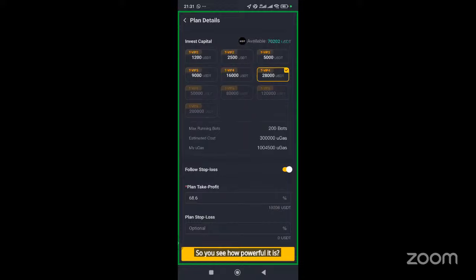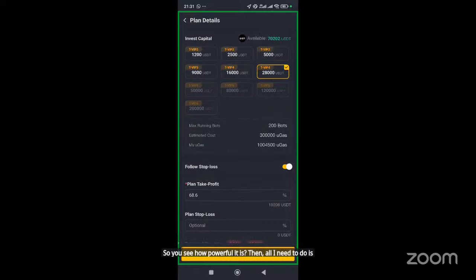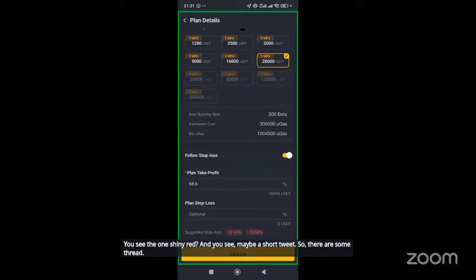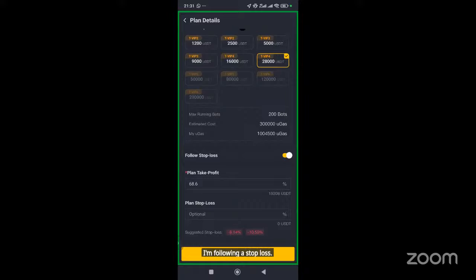Then all I need to do is to come here, and it says follow stop loss. Now, one beautiful thing about it, when I go back to my profit, you see the one shining red, and you see maybe a short trade. There are some trades where I'm following a stop loss that they have set up on their own.